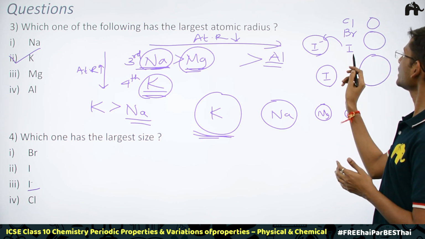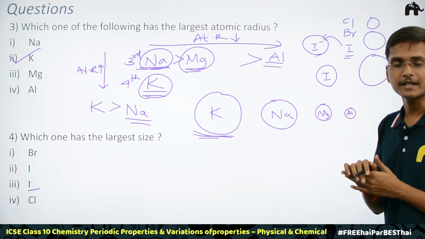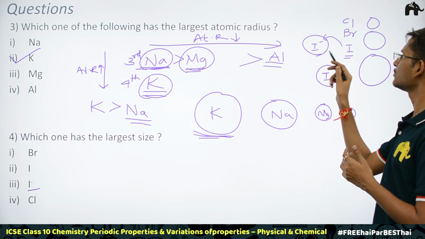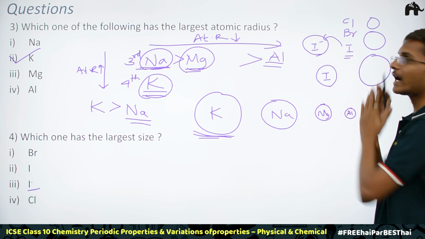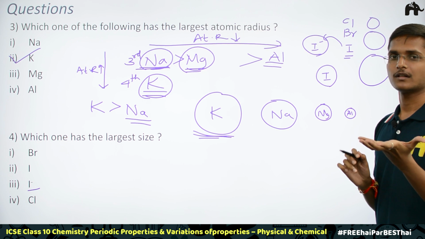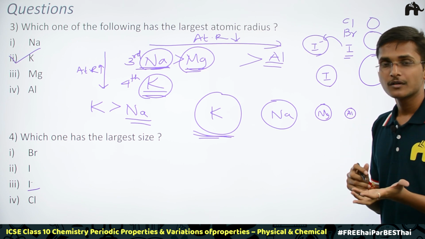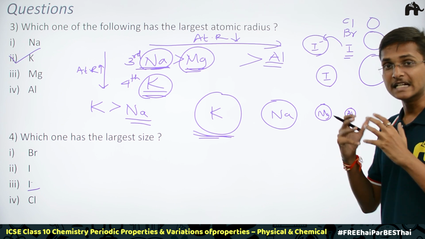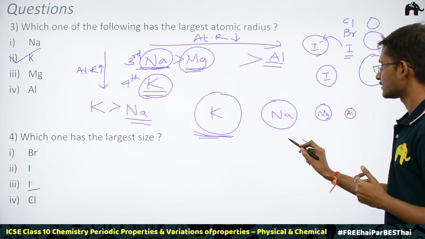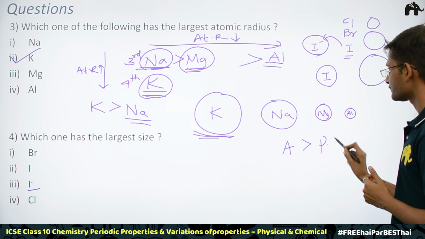Okay, now let's compare the iodine size with I minus. Let's see whether this one is having larger size or iodine is having larger size. Now something would have clicked in your mind. We have already studied the anion. The size of the anion is greater than the parent atom.